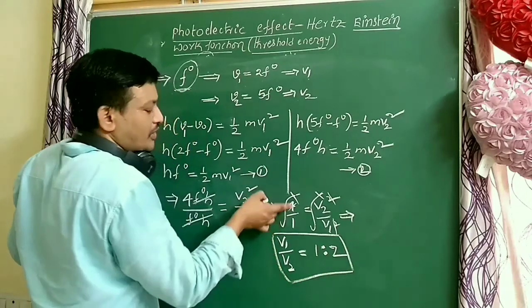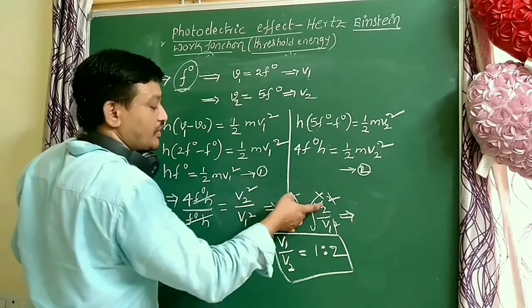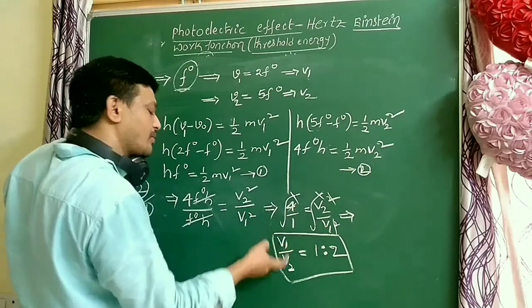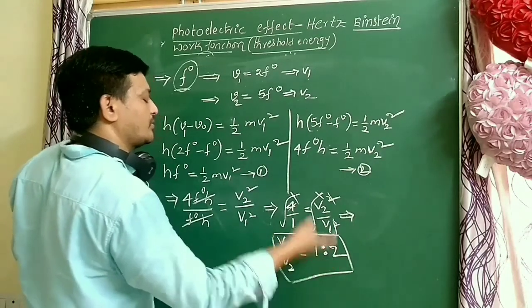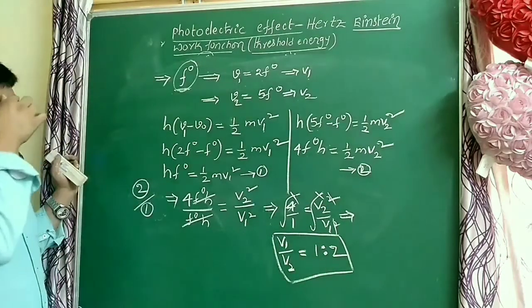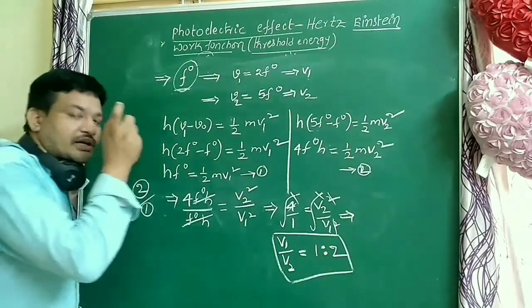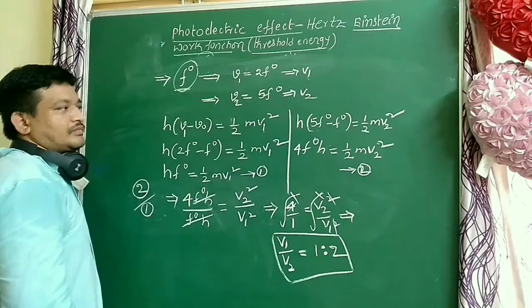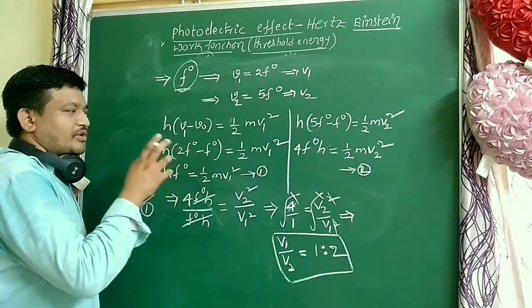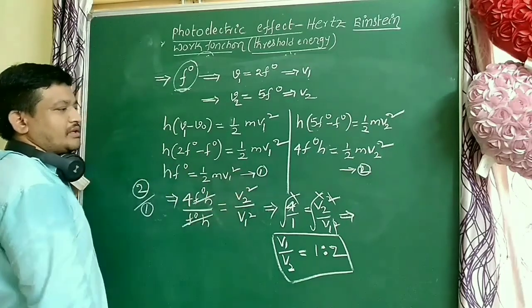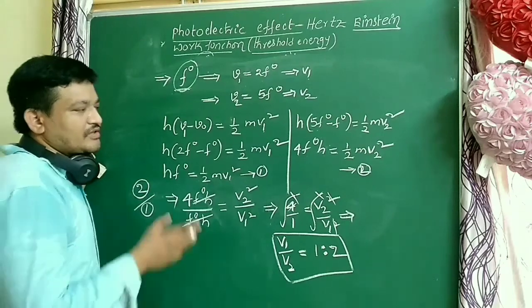So here 2 by 1 is v2 by v1. Now v1 by v2 equals 1/2, that is 1:2. This model is very important based on the photoelectric effect. Is it clear, students?